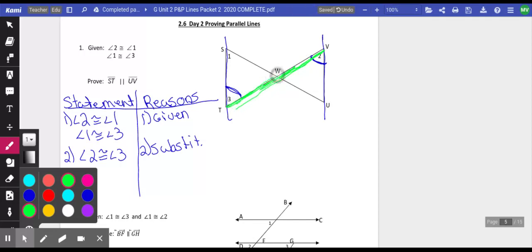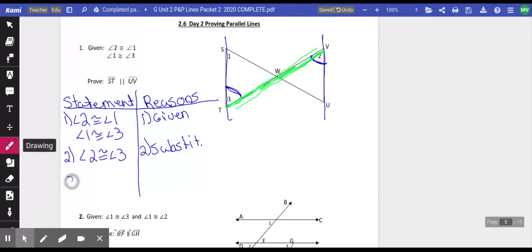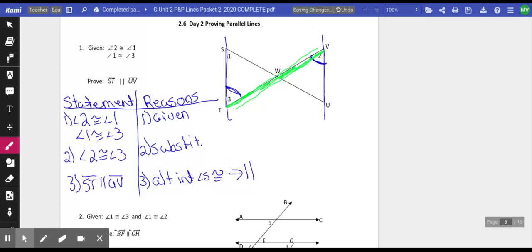And they're on opposite sides of my transversal. So that means those two lines have to be parallel because the alternate interior angles are congruent. So that means alternate interior angles congruent imply the lines are parallel. And that's all there is to that proof.